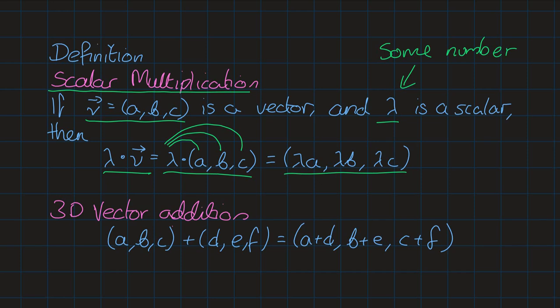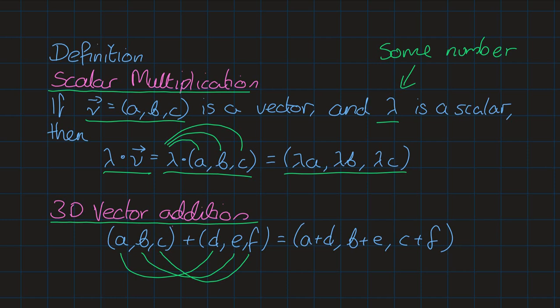Okay? And we also have a notion of three-dimensional vector addition. If you have two vectors in three dimensions, you can add them up, and this is what you get. It's the same principle as in two dimensions: you add the first coordinates, you add the second coordinates, and you add the third coordinates. So you add them coordinate-wise.